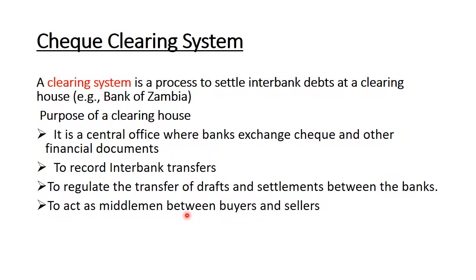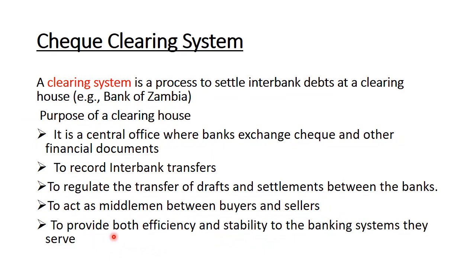Therefore, it acts as a middleman between buyers and sellers. It also provides both efficiency and stability to the banking system it serves. It makes sure that all the banks that use the clearing system are efficient and stable. So that's another purpose of a clearing house.